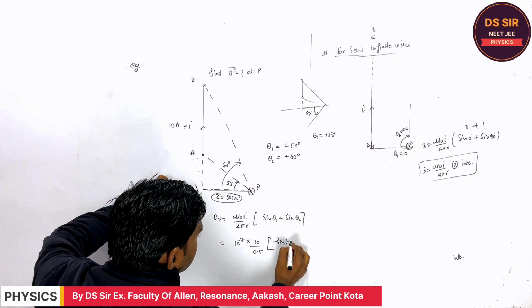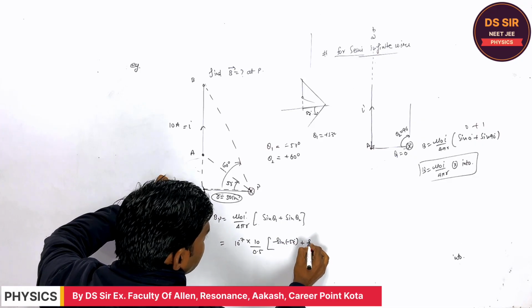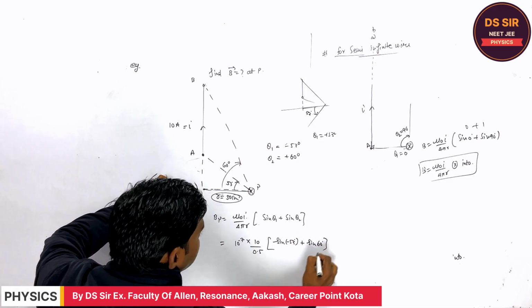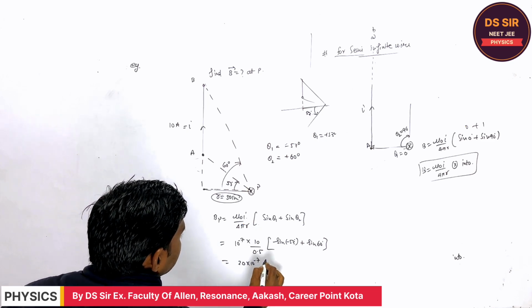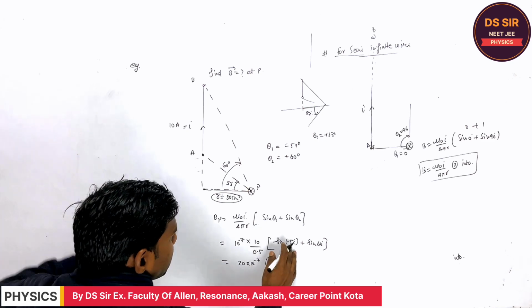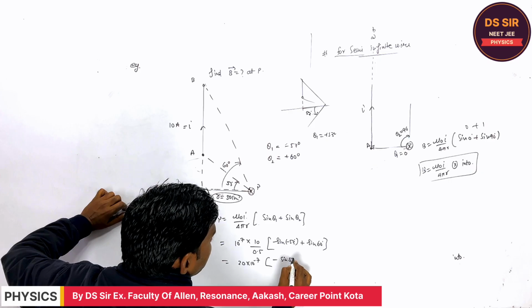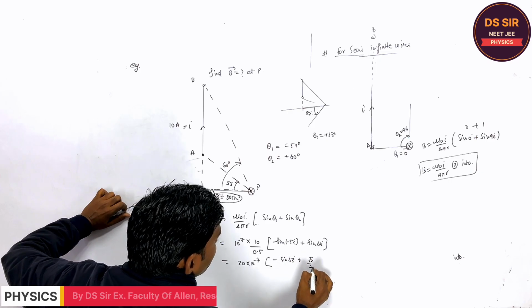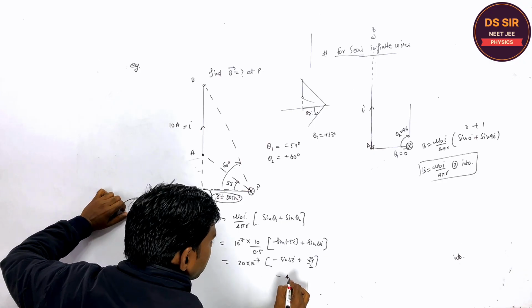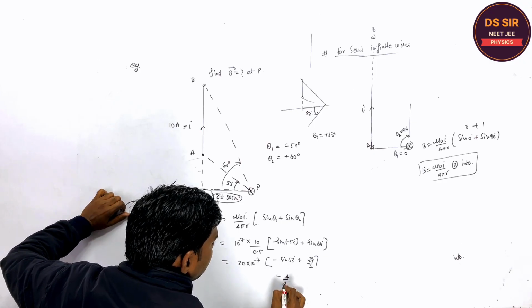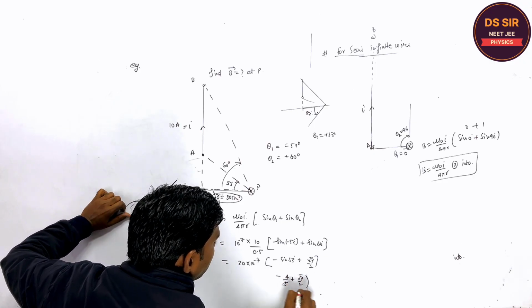Sine minus 53 plus sine 60. Simplify, it is 20 into 10 to the power minus 7, times minus sine 53 plus root 3 by 2. Sine 53 is 4 by 5, so it is 20 into 10 to the power minus 7 times the bracket minus 4 by 5 plus root 3 by 2.